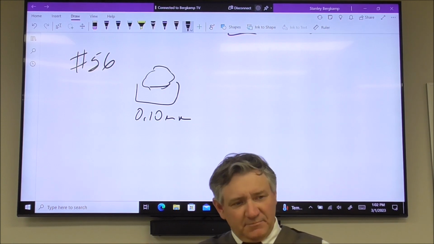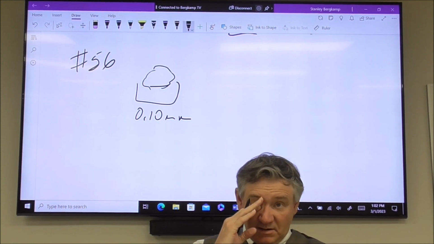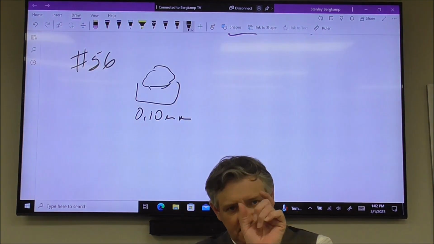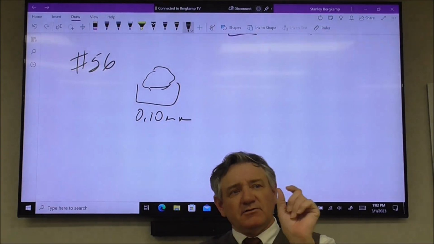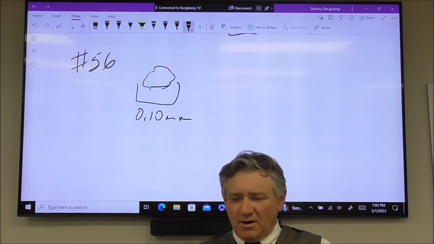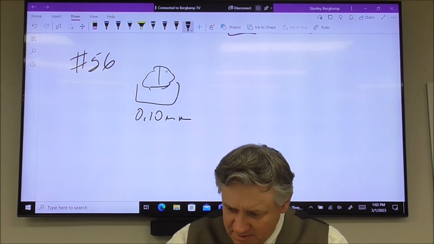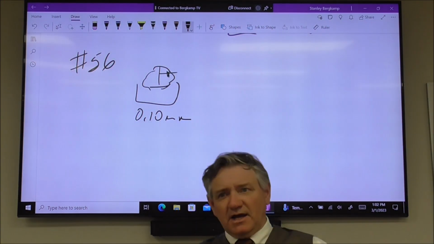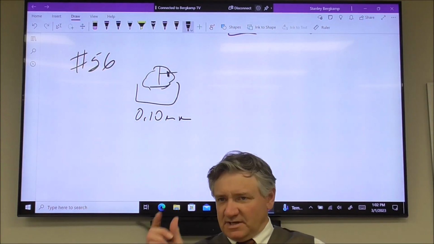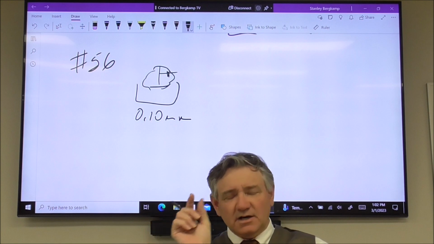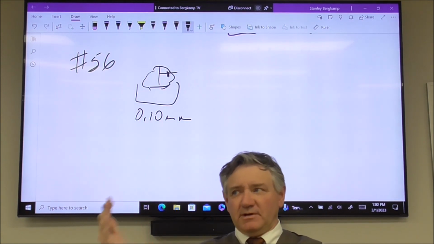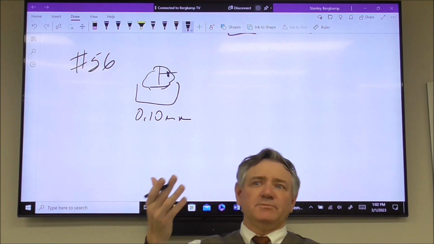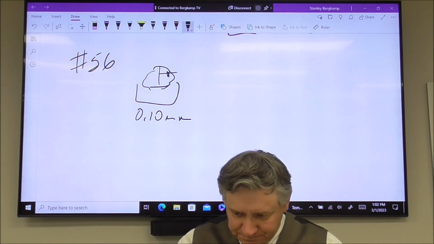A lot of times you use a measuring device called a caliper, which is a set of jaws that you can open and close. It's very difficult to measure from the center of the pollen grain to the outside, but with calipers it's very easy to measure the diameter. You measure the diameter, divide by 2, boom, there's the radius.